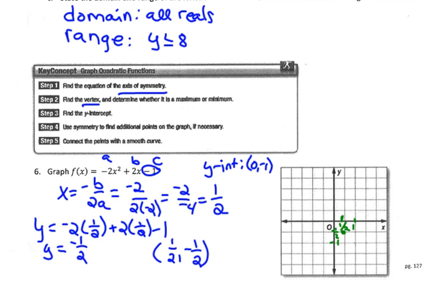It's going to intersect here at 0, negative 1, which is down here. If this is the axis of symmetry, then I also have a point over here on the exact opposite side of that. So my graph goes like this, and I know it goes down because it is a negative 2. Negative means it opens down.